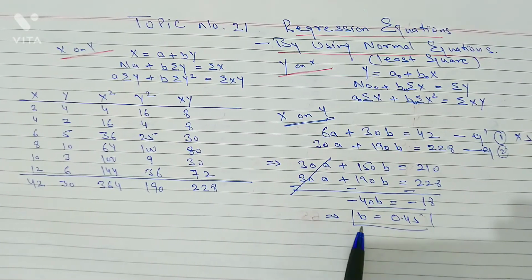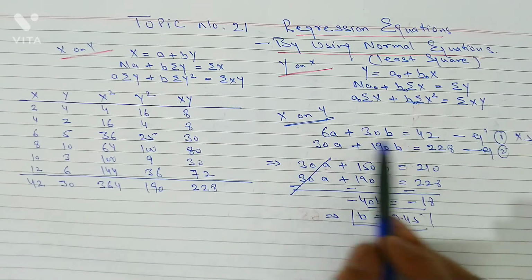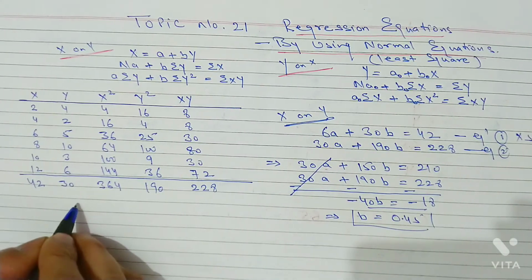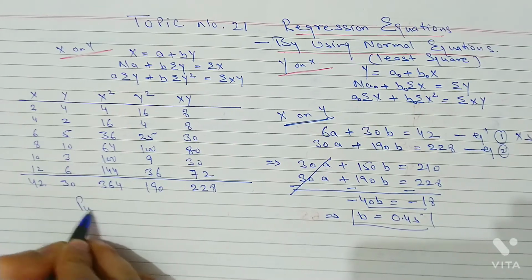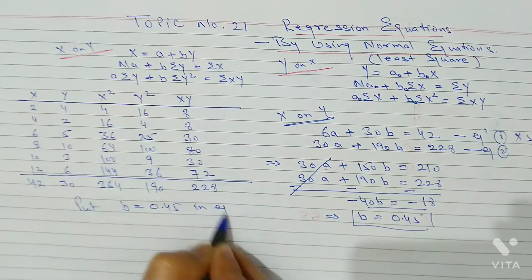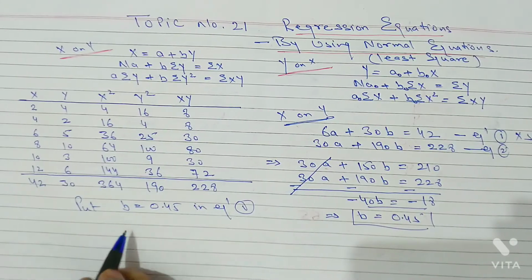Now put the value of b in equation 1. Put b equals 0.45 in equation number 1.